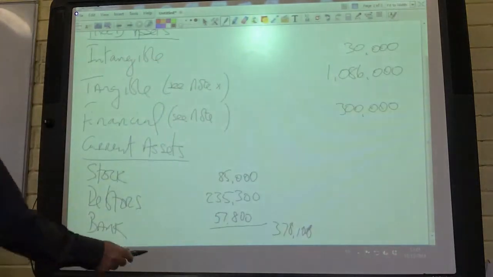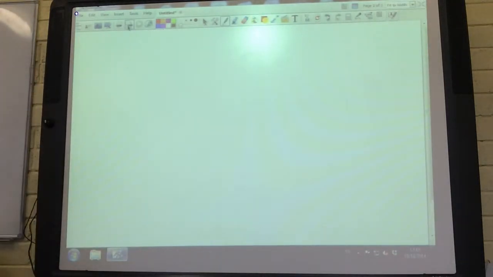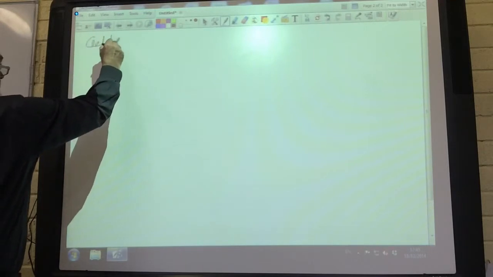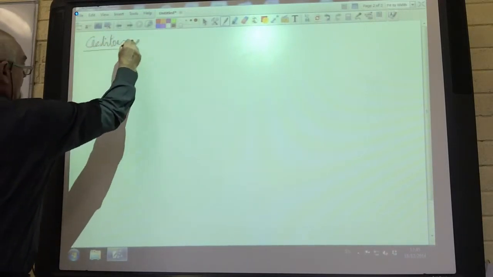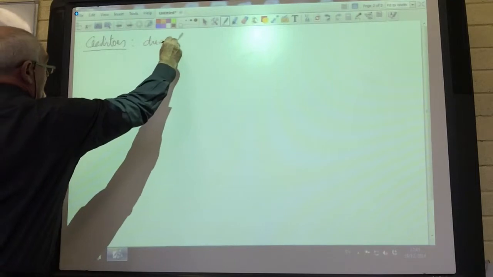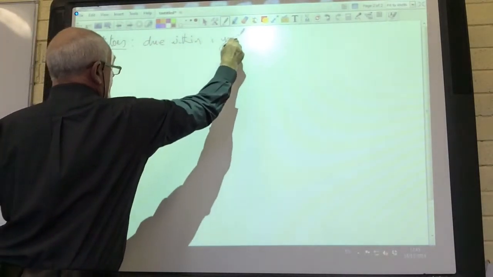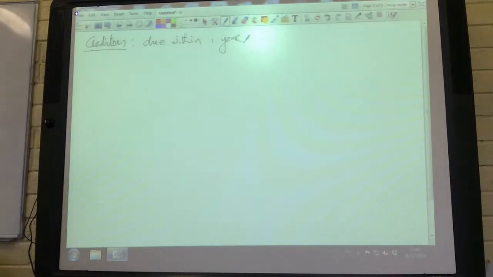And we take from that then our current liabilities, our creditors due within 1 year. Avoid calling them current liabilities, because you'll be marked down for that. Call it creditors due within a year.